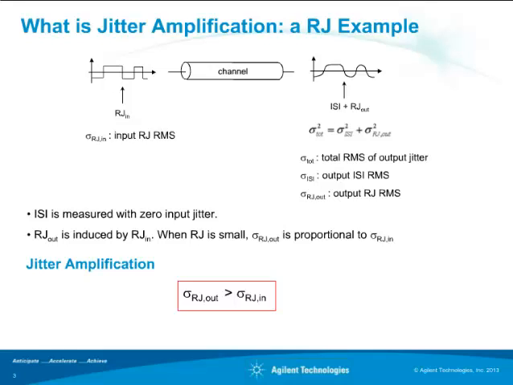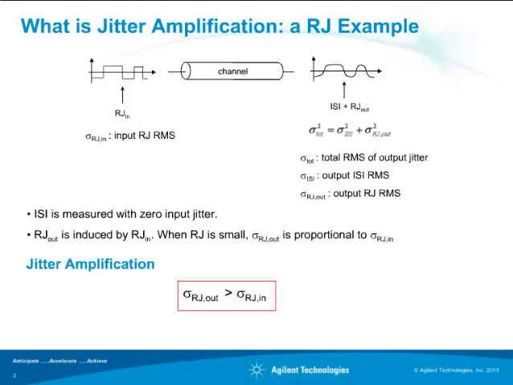The RMS of total jitter is the sum of ISI RMS squared and the RJ RMS squared, as you can see in the formula on the right side of this slide. ISI RMS can be measured by turning off the input jitter and then measuring the output signal RMS.